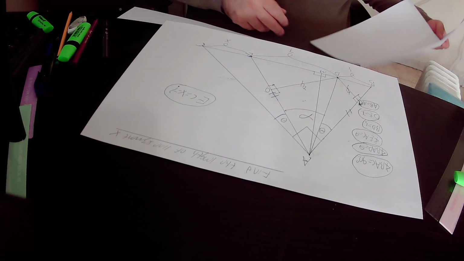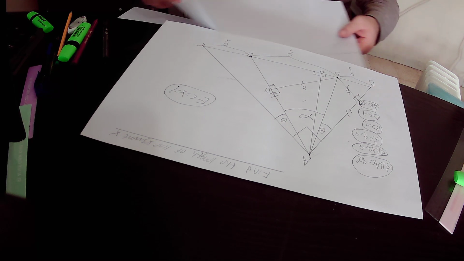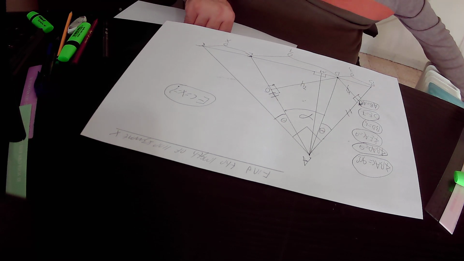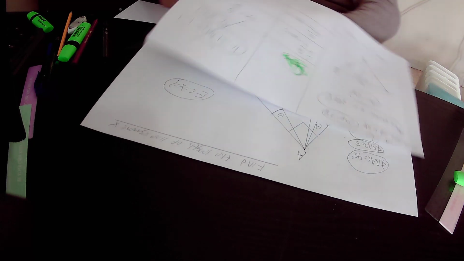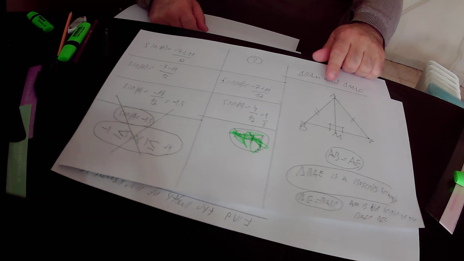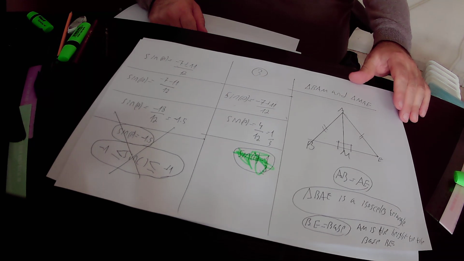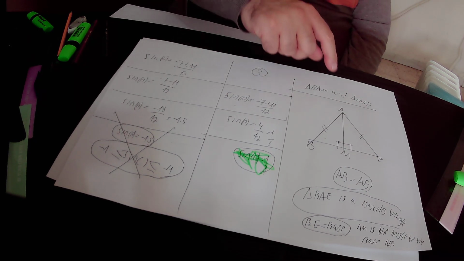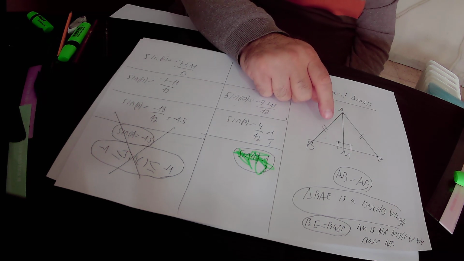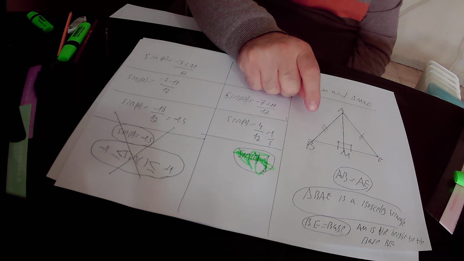So here we have the isosceles triangle, triangle ABE, and according to rule number 1, the height AM to the base BE bisects the base.